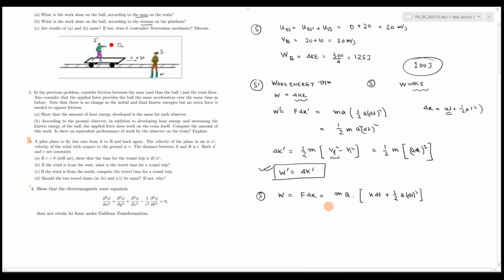So the total work done as observed from S will be this much. Is it correct?